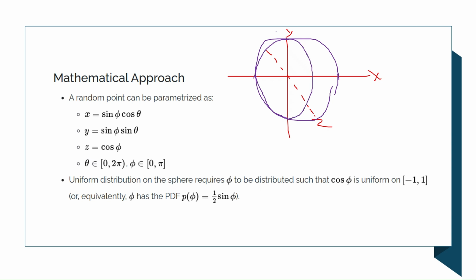Okay, so let's say this is our point, our random point, and the coordinates of this point are x, y, and z. This angle, which it makes with the z-axis, is phi, and this angle, which it makes with the x-axis, is theta.